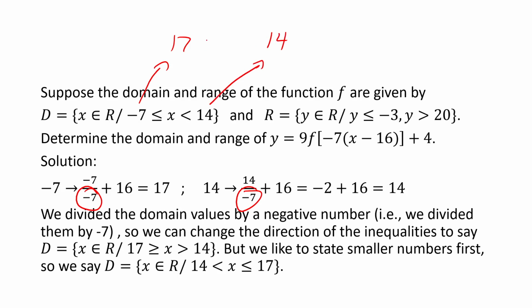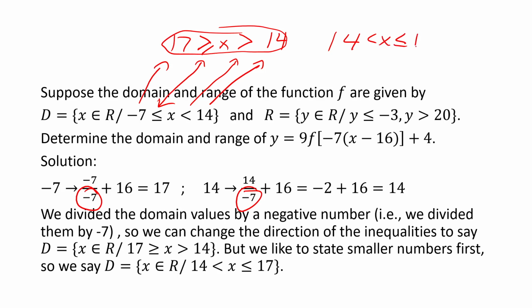But we have to change the direction of the inequalities, so we need to change that less than or equal to sign to a greater than or equal to sign, and we need to change this less than sign to a greater than sign. So this is our new domain. But we like to state the smaller numbers first, so we say 14 less than x less than or equal to 17. And that is our domain.